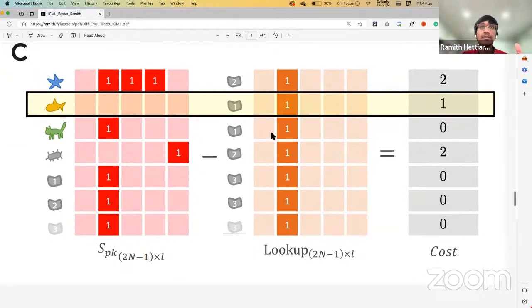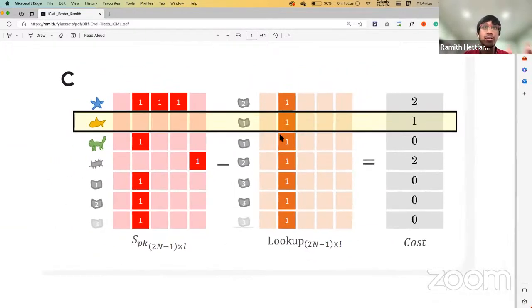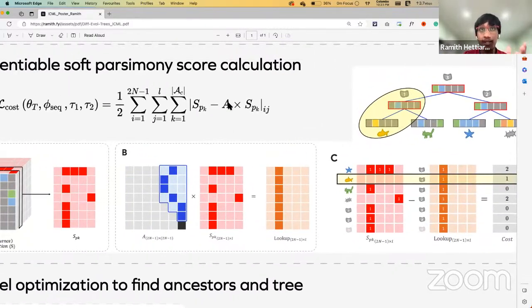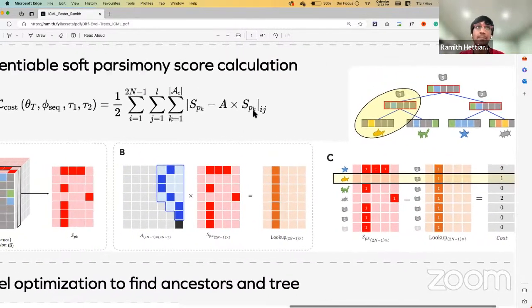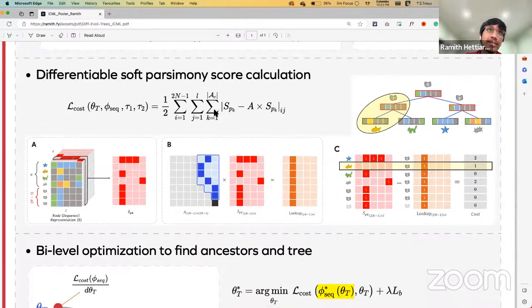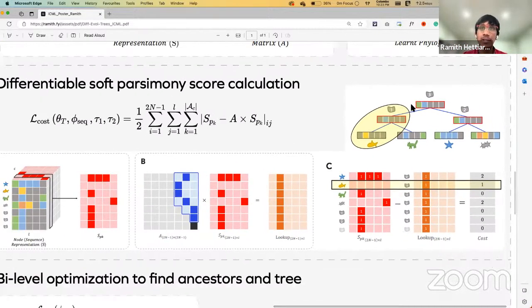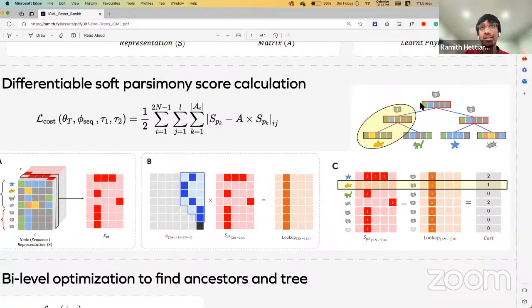So we can find a cost function dependent on the soft matrix and the soft sequences. Once we sum up all these things, we have a differentiable score function which calculates the total evolutionary cost. That's the brief intuition about the score function. It's just coming up with linear algebra operations to calculate the total evolutionary cost at each edge.